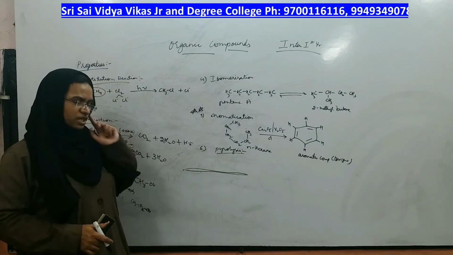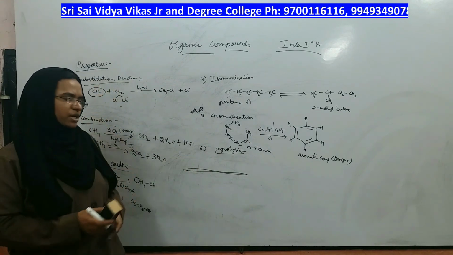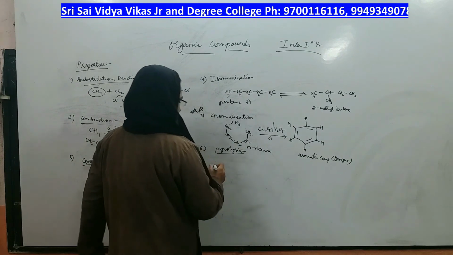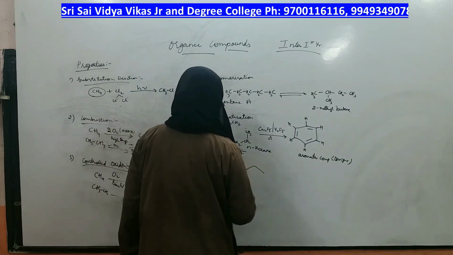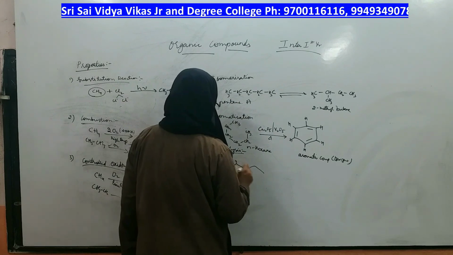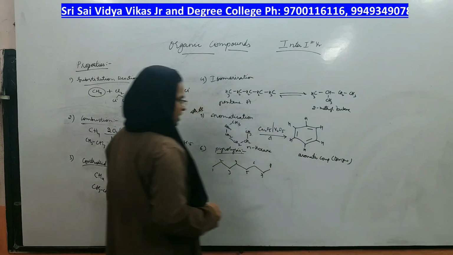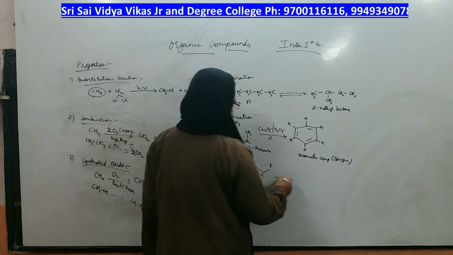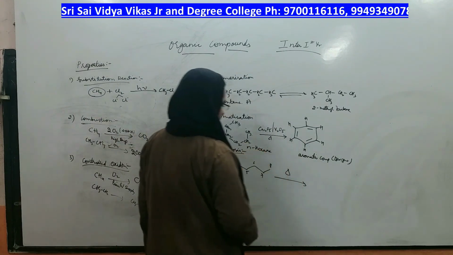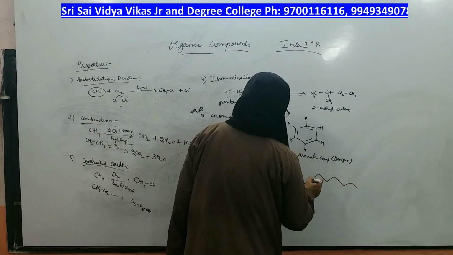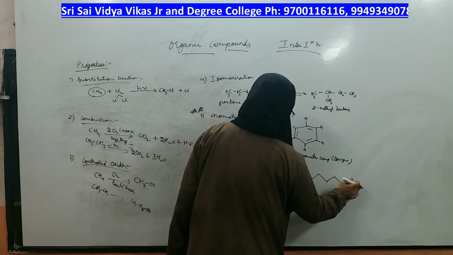So now the next reaction is pyrolysis. In pyrolysis, what you will do is take a long chain alkane. Suppose I take 1, 2, 3, 4, 5, 6, 7, 8, an alkane having 8 carbons. If you heat that alkane, you will get smaller fragments. 1, 2, 3, 4, 5, 6.